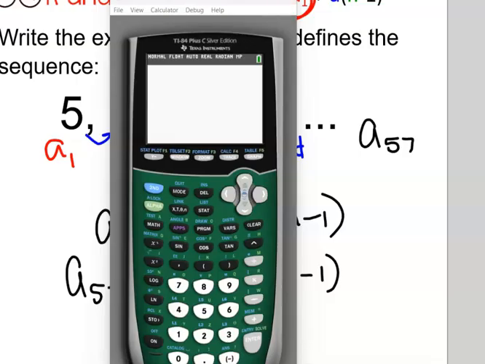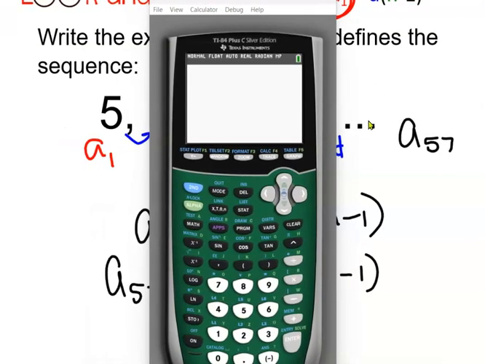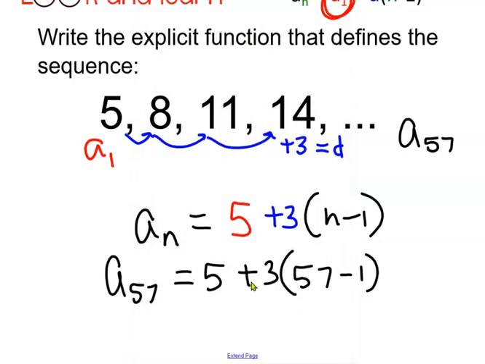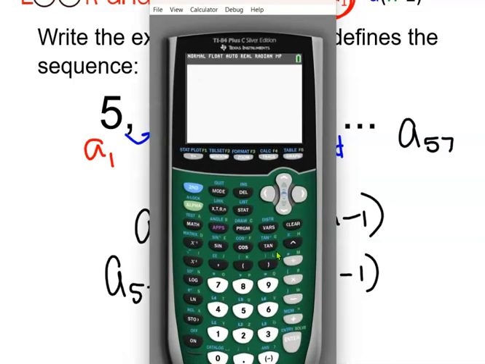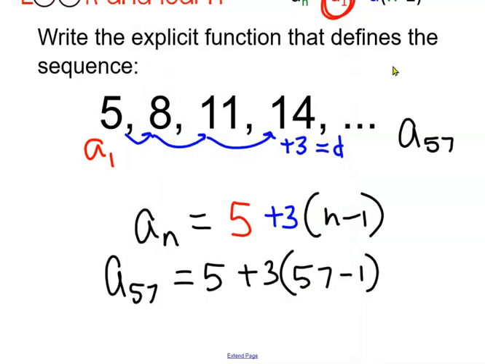Simply pick up your calculator and type in that expression: 5 plus 3 parentheses 57 minus 1. The answer is 173. So the answer in the 57th position is 173.